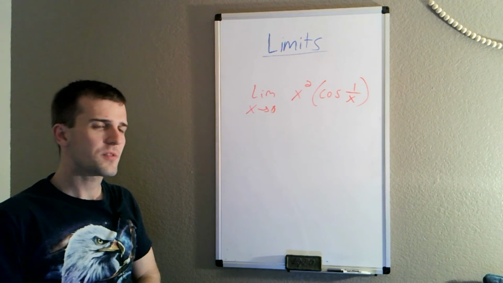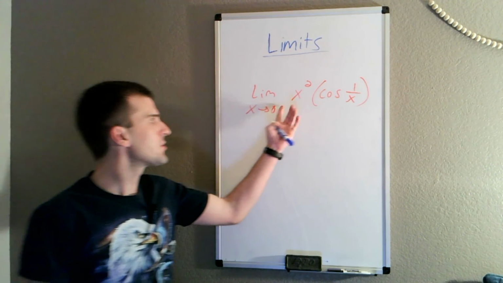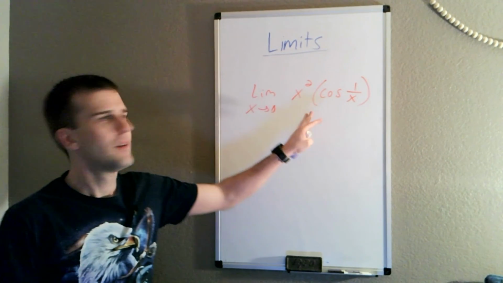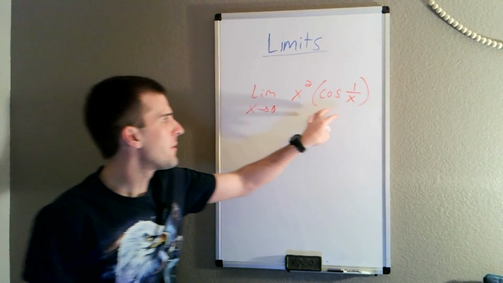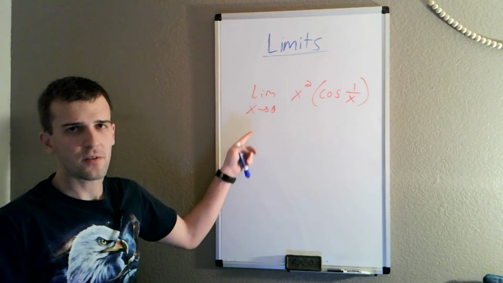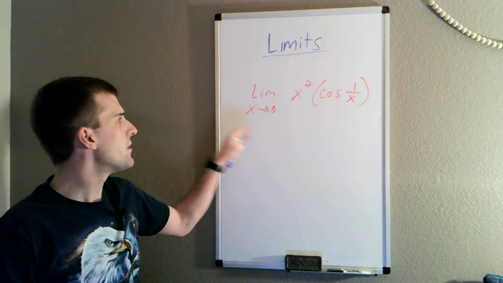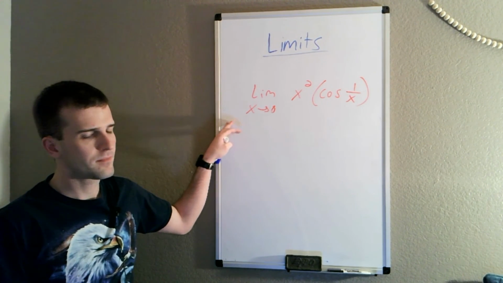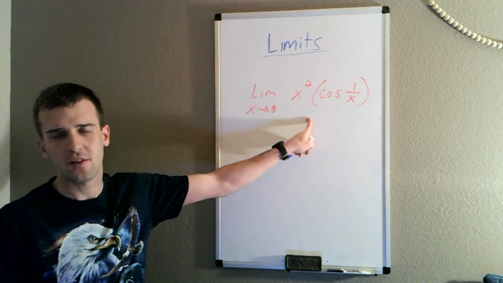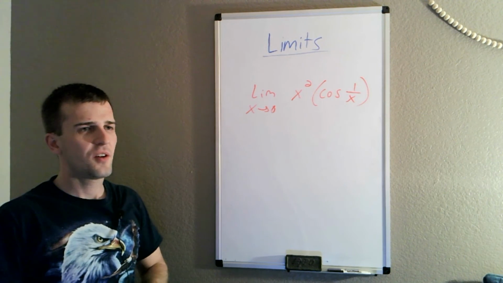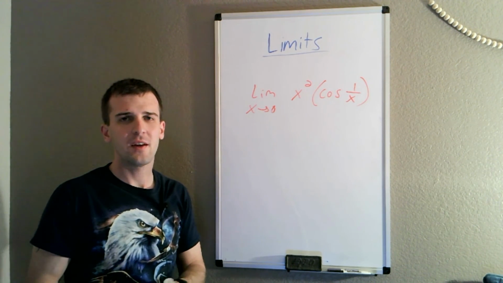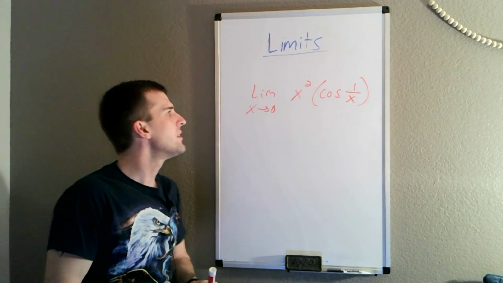And the Squeeze Theorem says if you have some function that you're not quite sure what the limit is, and you know that it's greater in value than one function and less in value than the other function around this point, then if those two functions that are on the outsides of this function approach the same value, then this has to approach the same value as well. So that's a long way to describe the solution, but I'm just going to show you the solution.